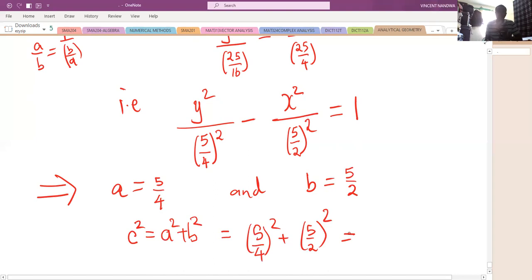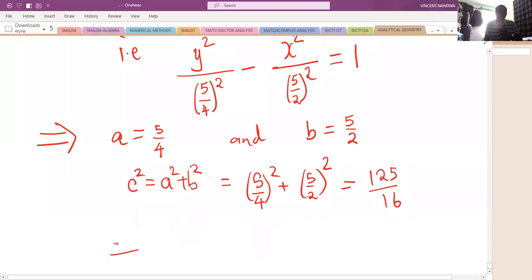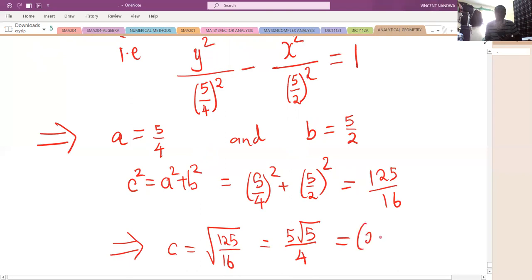That's the same as 125 over 16, which tells me that c is the square root of 125 over 16, which is the same as 5 root 5 over 4. The same thing as saying roughly 2.795.